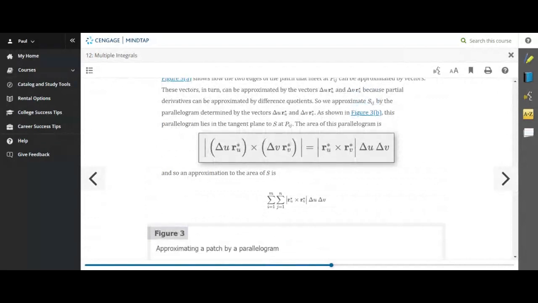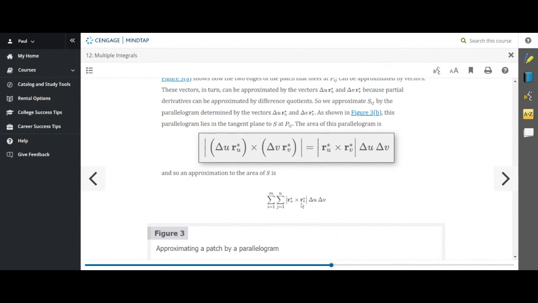But delta u and delta v are scalars, they're multiples of those vectors, and we can bring the multiples out. And so now the area of a small parallelogram is just equal to the length of the cross product of the tangent vectors, times delta u times delta v. That's the area of one parallelogram.